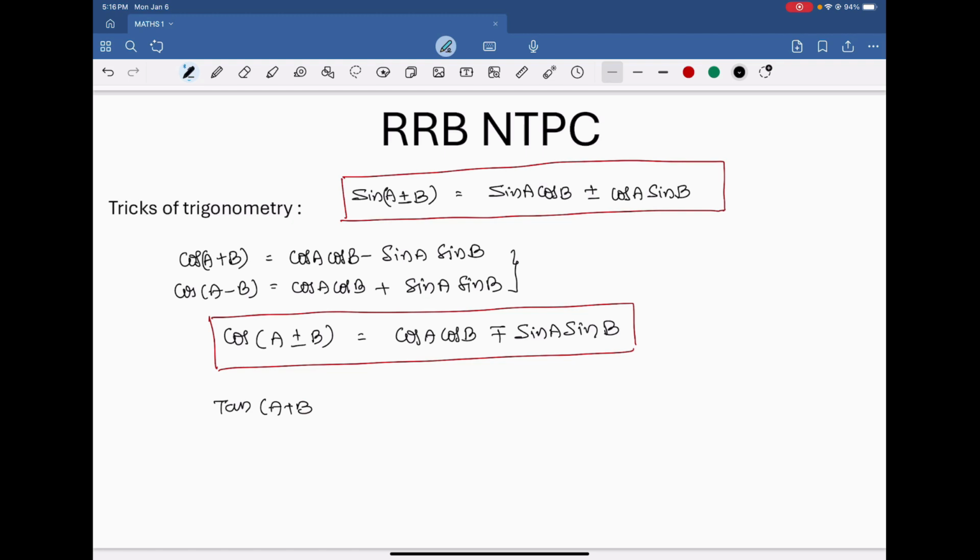Tan A plus B is equal to sin A plus B by cos A plus B, because sin theta by cos theta is equal to tan theta.